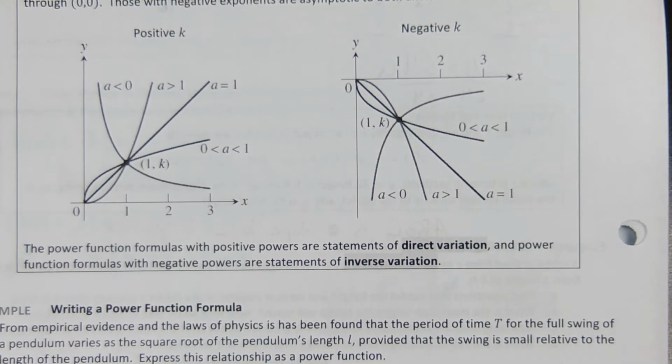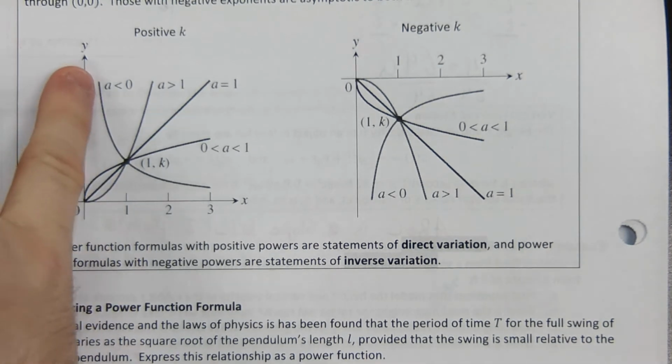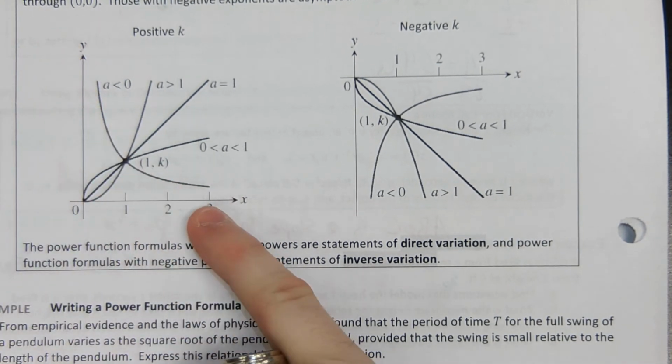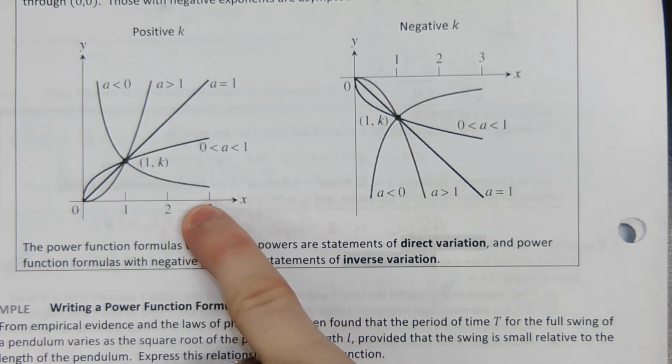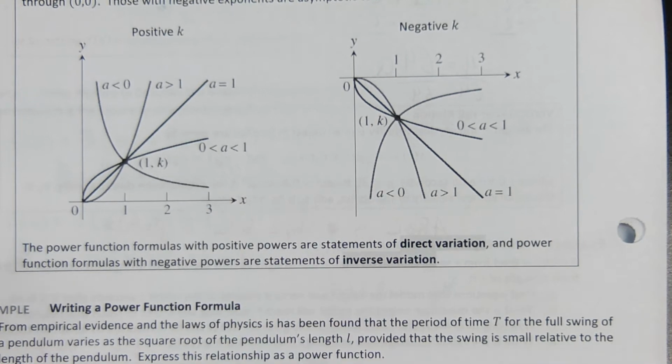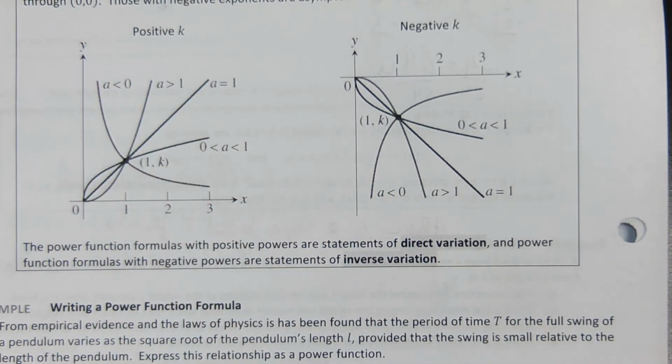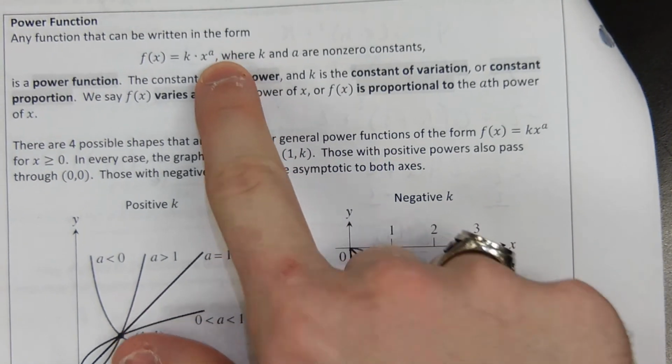Okay, so what are our 4 shapes? Our 4 shapes are going to be this one, which just looks like the reciprocal function, if you remember that from your 12 basic functions. That's if a is a negative power, because what you're going to end up with is 1 over x to some power. So you will end up with a reciprocal shape. If a is exactly 1, well, then it's just linear.